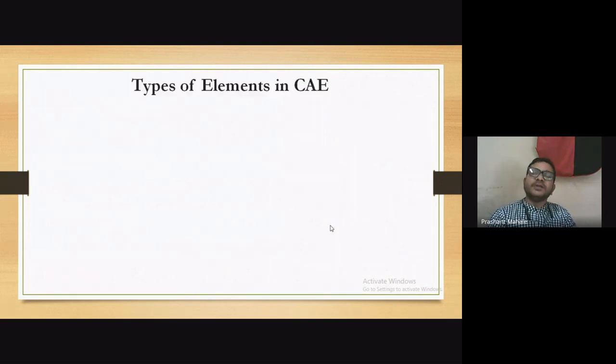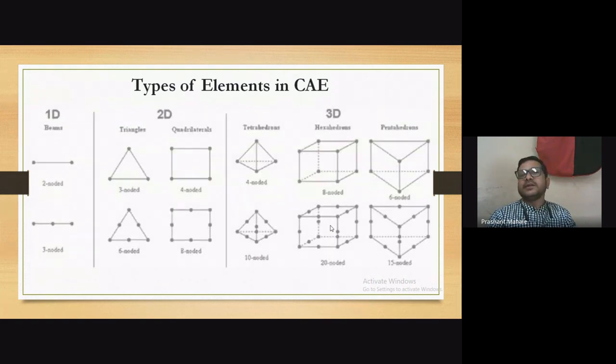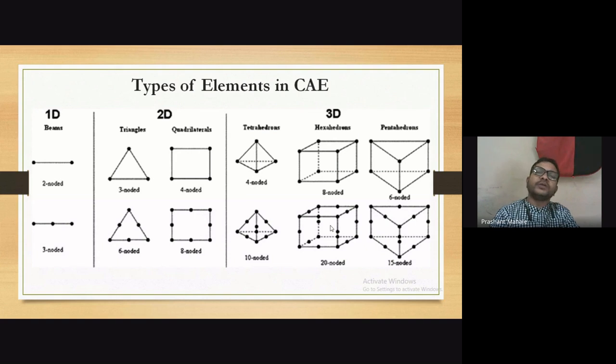Types of elements in CAE. We have seen that here we are going to see in detail. You know the types of element. The previous slide, what I showed, is types of element. Here we will see that in detail. Here I am showing 1D, 2D and 3D elements. Here you can see the names also.